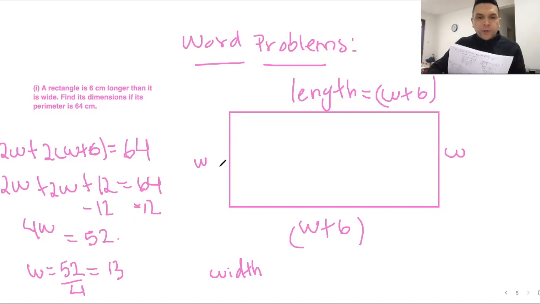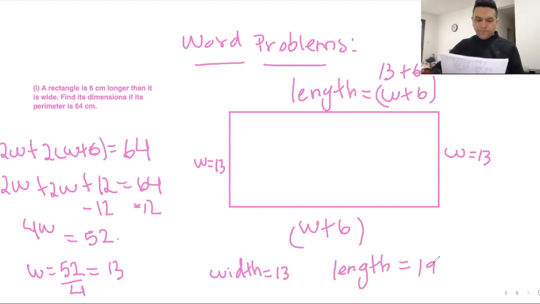So the width is 13. So the length would be just 13 plus 6, 19. Okay. So let's just write it here. Width 13, length 19. And that's it, right? Pretty simple.